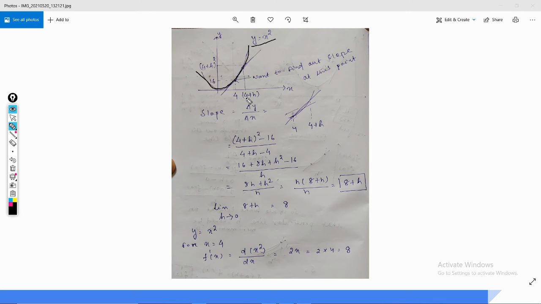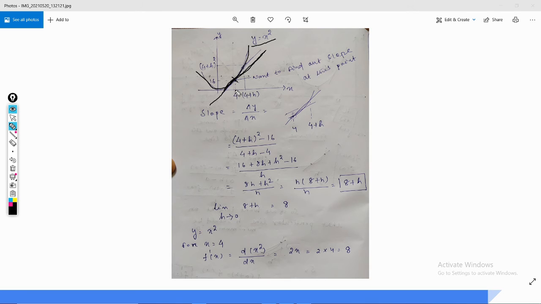If you want to find the slope at this particular point, the point x equals 4, we need to find the tangent there. So how are we going to find it? Suppose we have taken y is equal to x square.